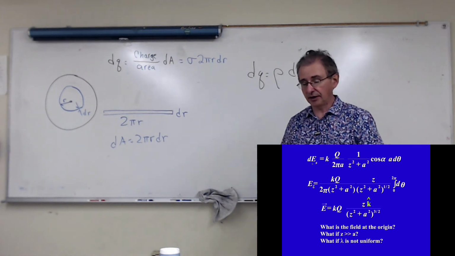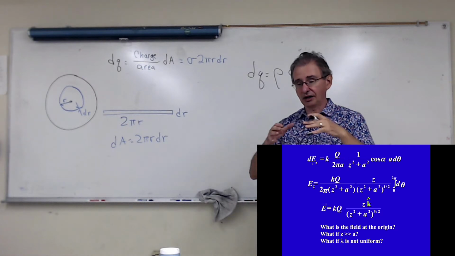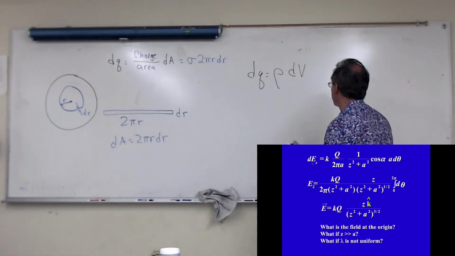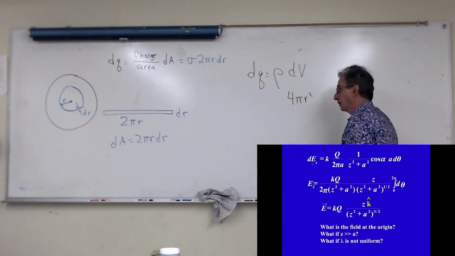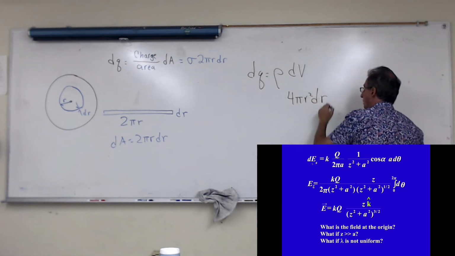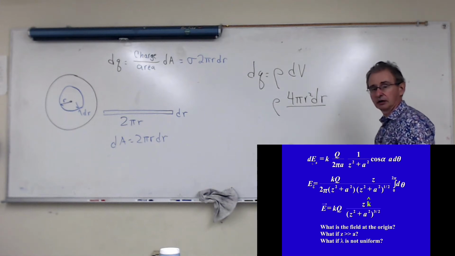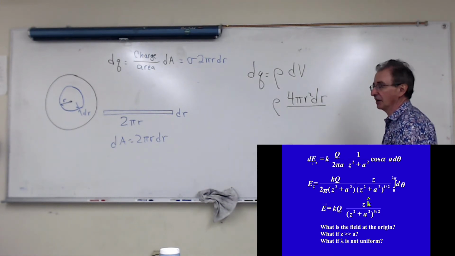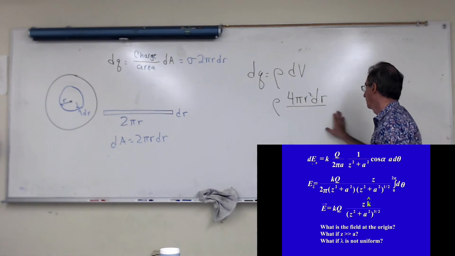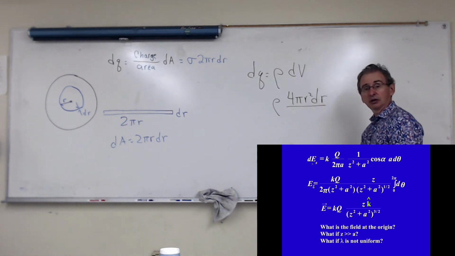An onion has many layers. The surface area of each layer of the onion is 4 pi r squared, and the thickness is dr. And so that's the element of volume for a sphere. Again, we're assuming that rho is either constant or only depending on r. Otherwise, you have to do a double or triple integral. If you integrate this, you get 4/3 pi r cubed.